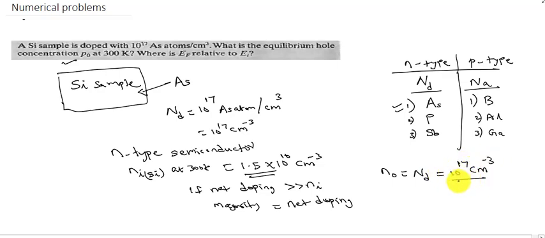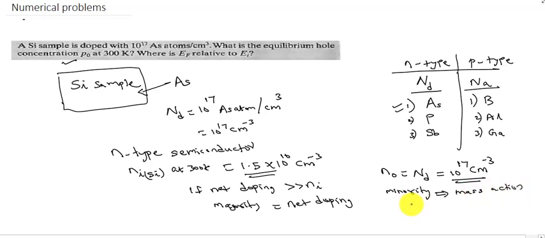We have calculated the value of N0, and we can calculate the value of P0, the minority carrier concentration, from the mass action law.